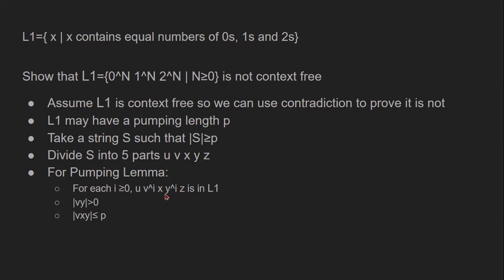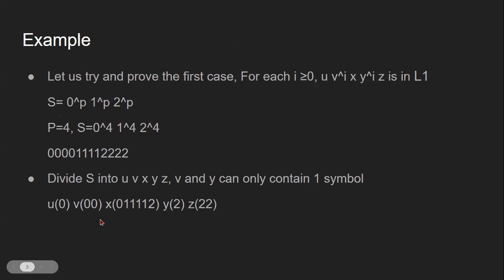So what this means is that if we raise V and Y to any i, we will still have the same amount of zeros, ones, and twos in L1. Second case, we have the length of VY is greater than 0. And third, we have the length of VXY is less than or equal to the pumping length P.